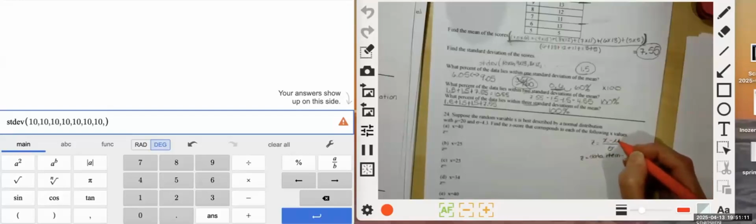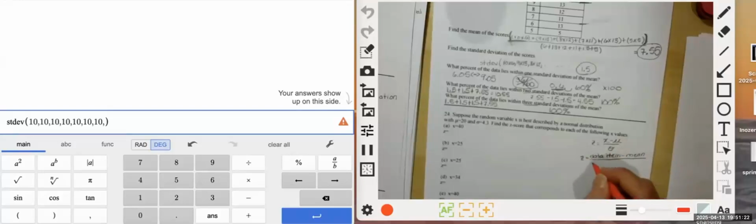This strange looking U is our mean. And then this one here is our standard deviation. I can't even still spell standard right now.